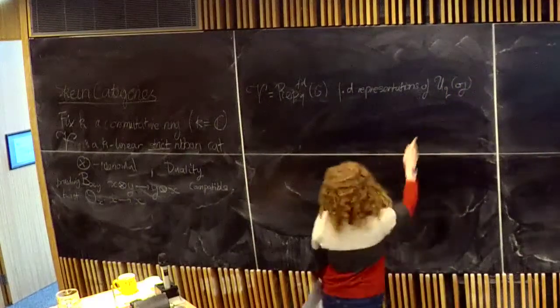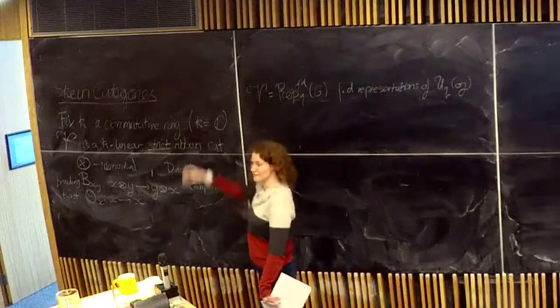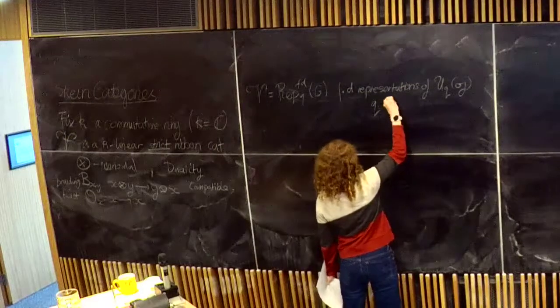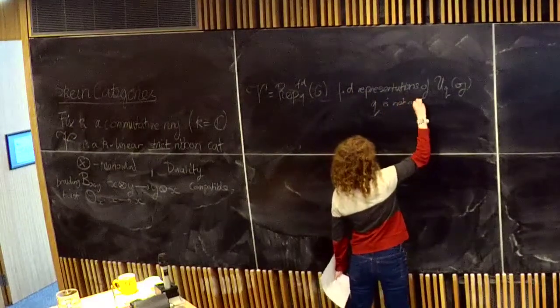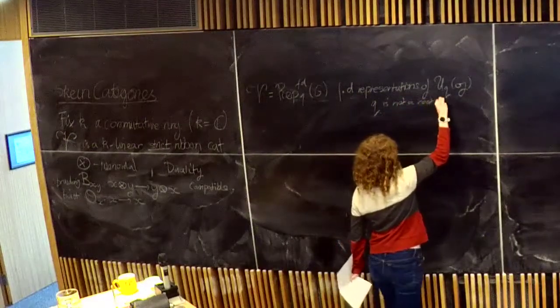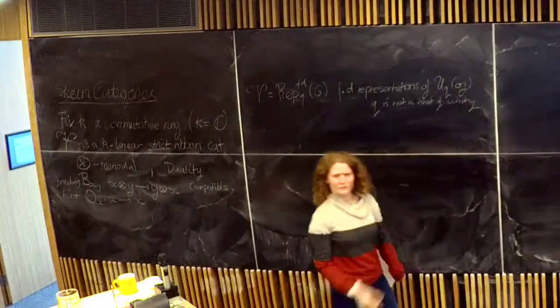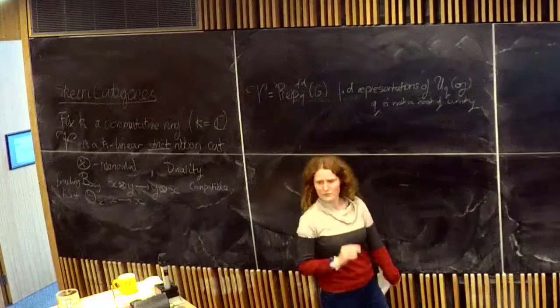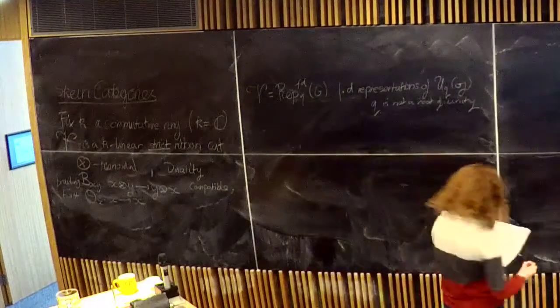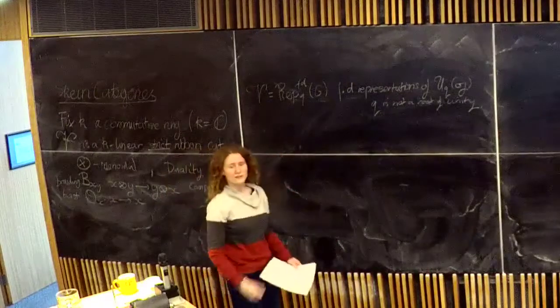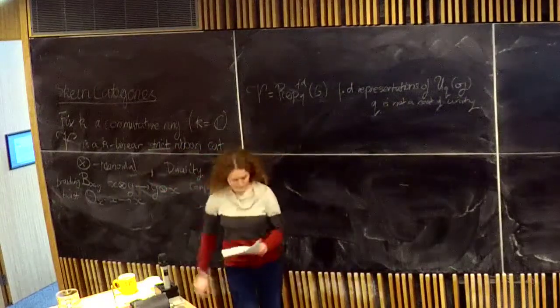In that case, we are assuming that K is C, and we're also going to assume that q is not a root of unity. This makes the representation theory nice or boring, depending on your views on the matter and how much you like representation theory. So this is the canonical example of V.